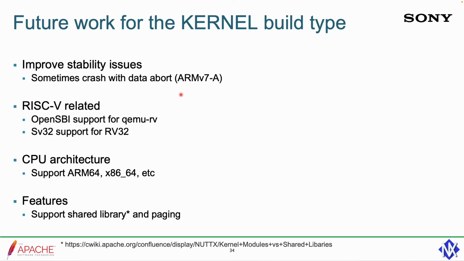Regarding RISC-V, as I explained, OpenSBI support is needed for the QEMU configuration to work with the timer. Currently, QEMU works with MMU, which I didn't demonstrate today, but the timer does not work. So also, Sv32 should be supported for the rv-virt architecture.